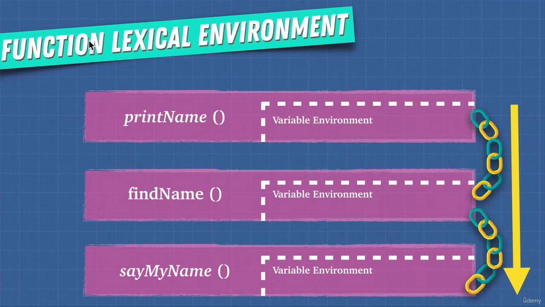So findName's function lexical environment is sayMyName. And printName's function lexical environment is findName. So the scope chain goes down like this, so that hypothetically, printName has access to B and A. findName has access to B and A.